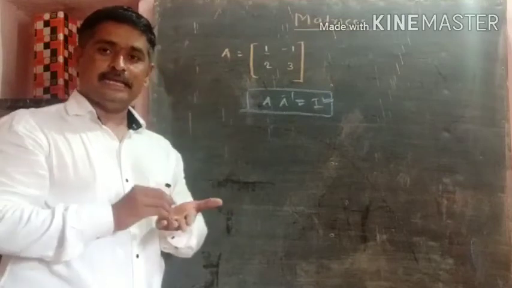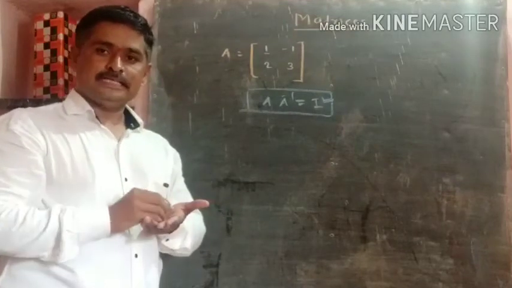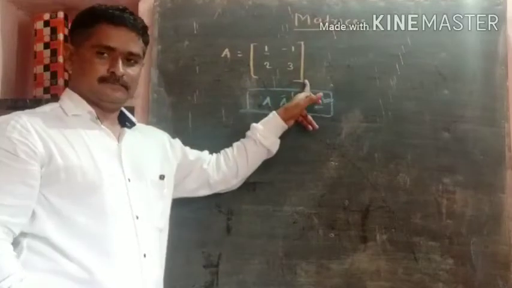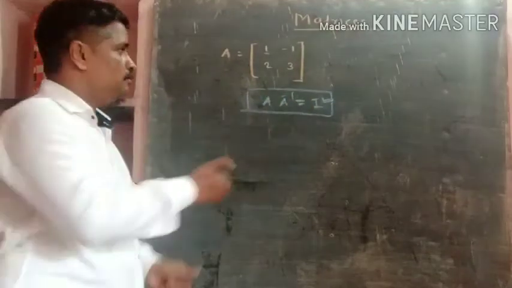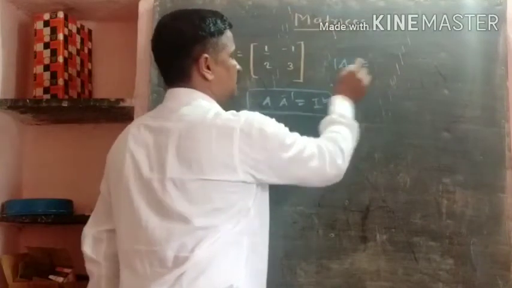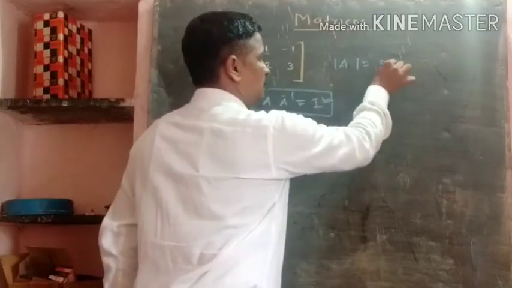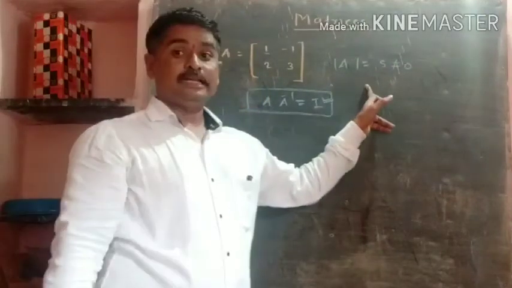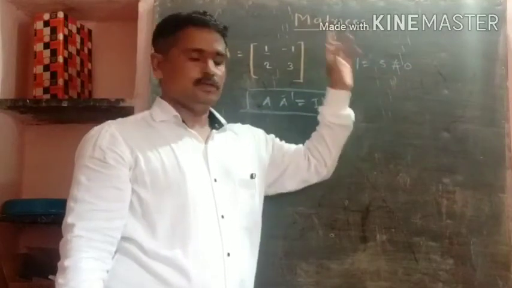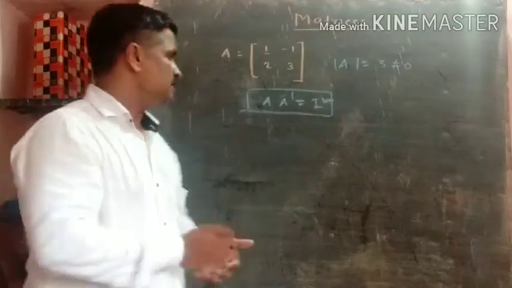That means A inverse does not exist if the determinant of A equals 0. But in this case, the determinant of this matrix equals 5, and 5 is not equal to 0. Therefore, it is an invertible matrix.